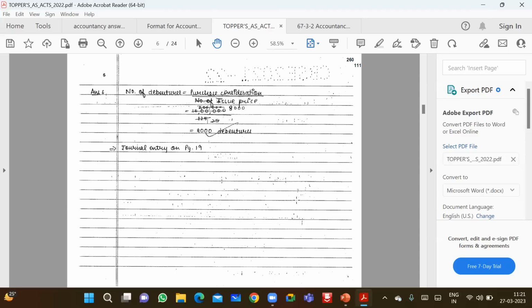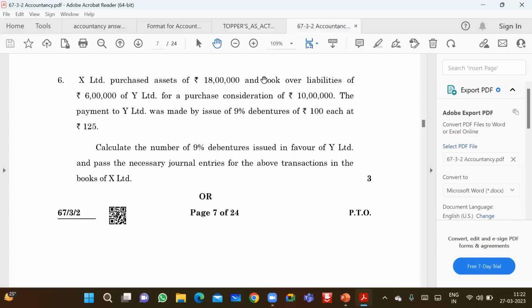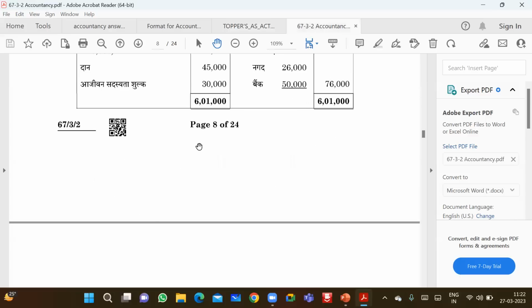This type of strategy has to be avoided. The answer must be given at a single place. We will discuss in detail after this answer sheet is seen. Now let's see, the entries of this question have been given on page number 19 and the marks have been given there.